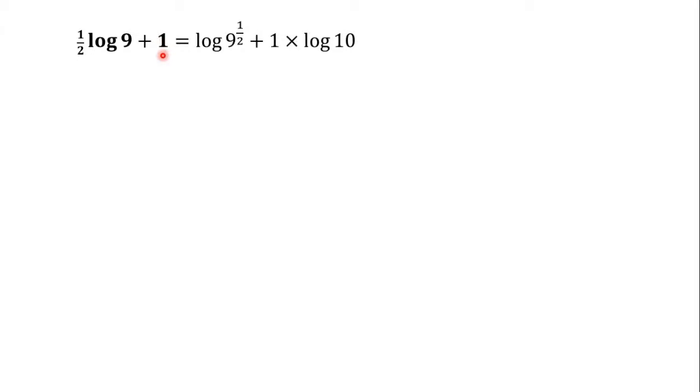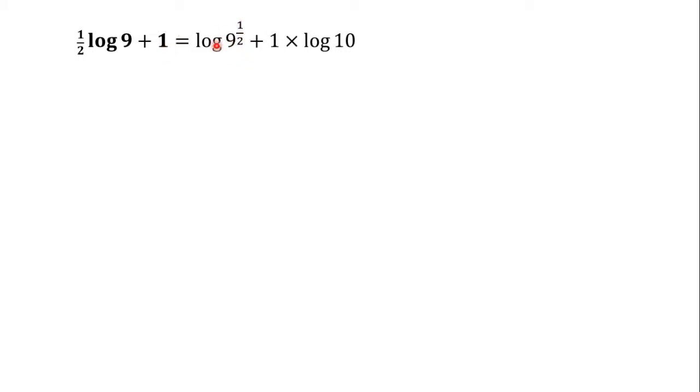Now we learned from the first law that if you have log 9 exponent half, it can be written as half log 9. That means that if you have half log 9, it can also be written as log 9 exponent half. I hope that is clear.